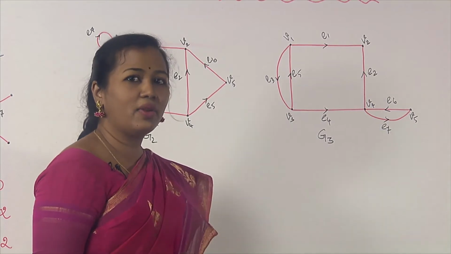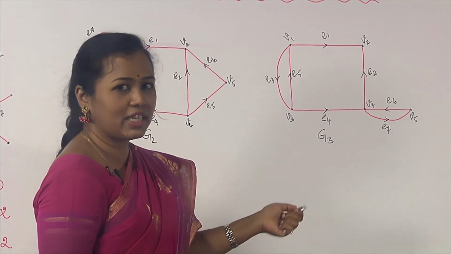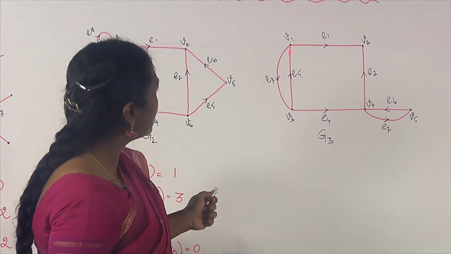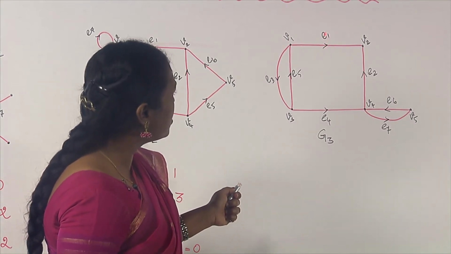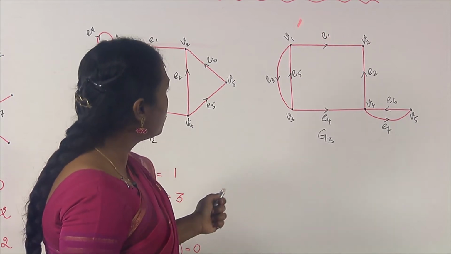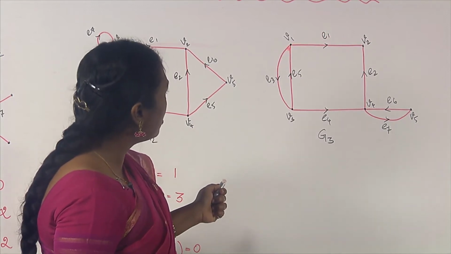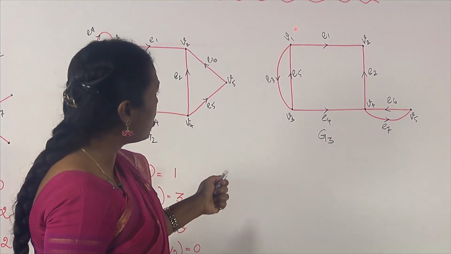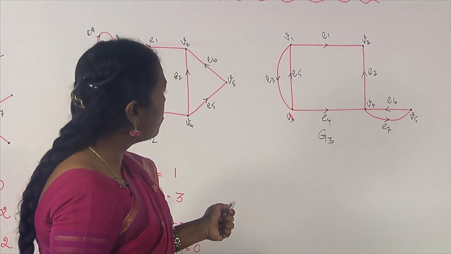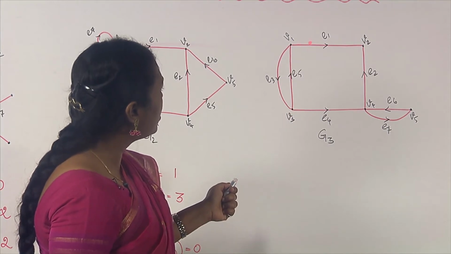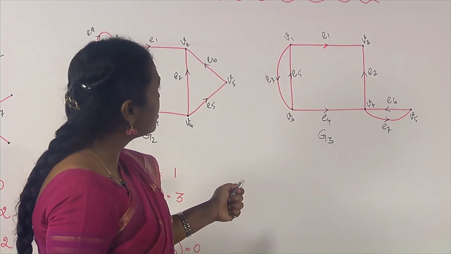Now how do we calculate the in degree and out degree of these types of graphs? Now let's consider V1. For V1, the out degree: edge E1 is going outside of V1 to V2. The out degree here is also taking E3 into account. So E3 is also going outwards of V1 into V3. Therefore the out degree of V1 is these two.